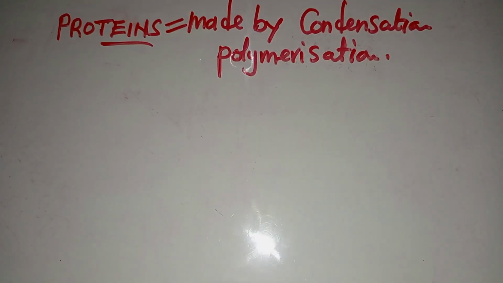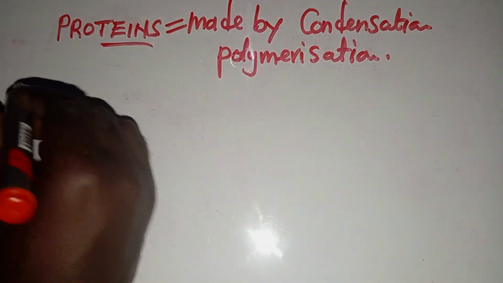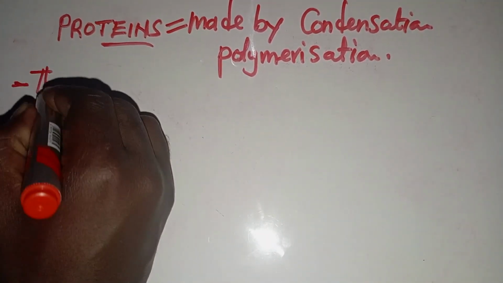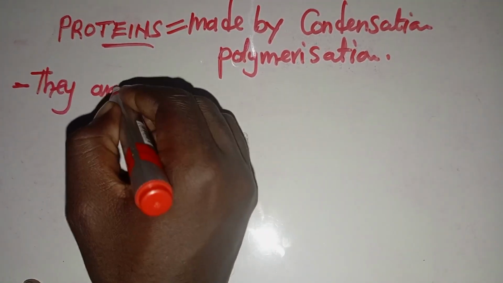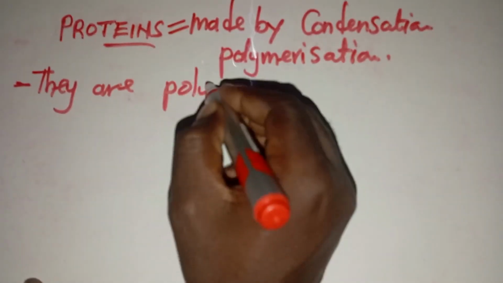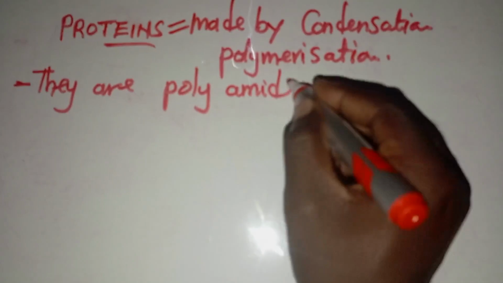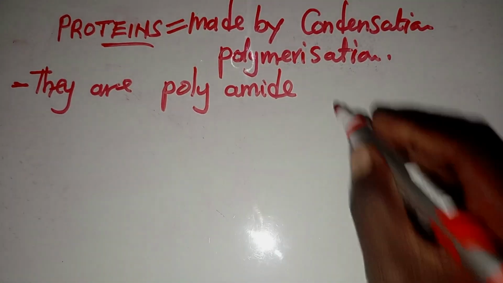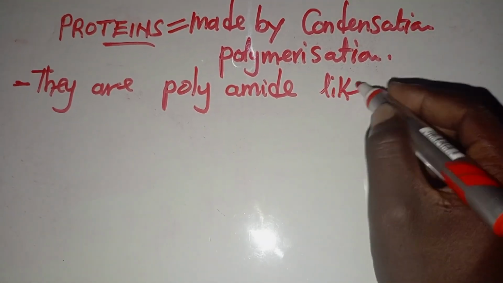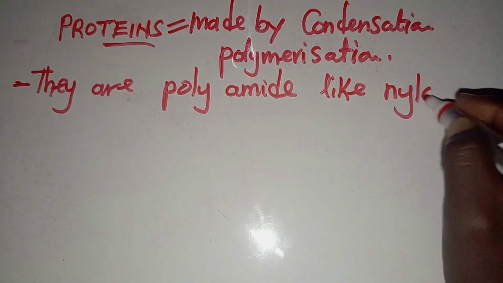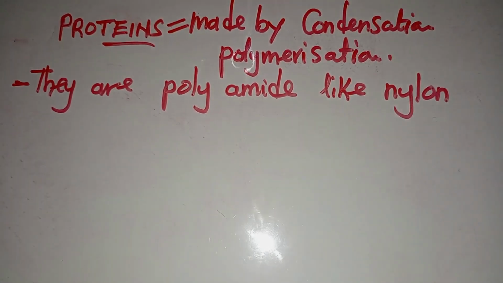And since they are made by condensation polymerization, they are what we get to call polyamide. We call them polyamide because they are like nylon. I explained that.